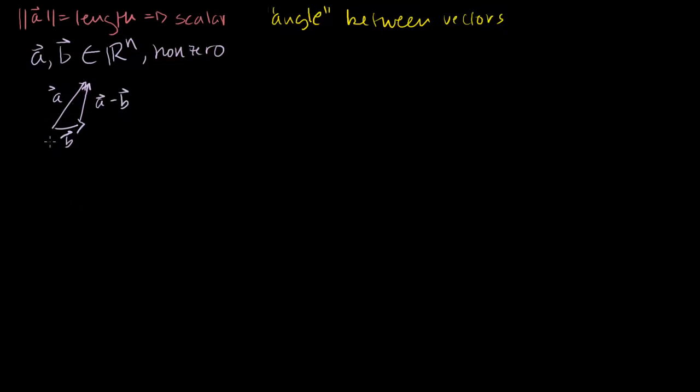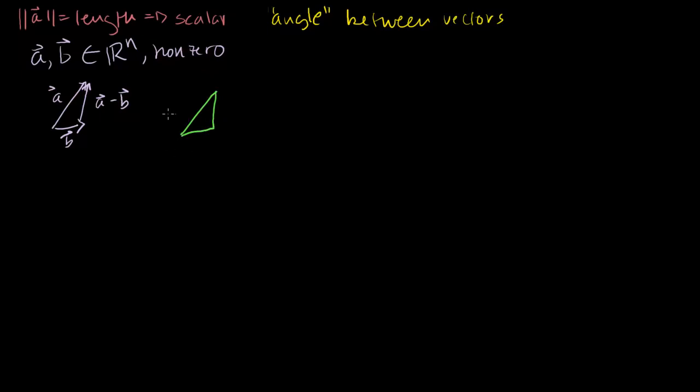To help us define this notion of angle, let me construct another triangle that's going to look a lot like this one. But remember, I'm just doing this for our simple minds to imagine it in 2 dimensions. These aren't necessarily 2-dimensional beasts. These each could have 100 components. But let me make another triangle that looks similar, say it looks like that.